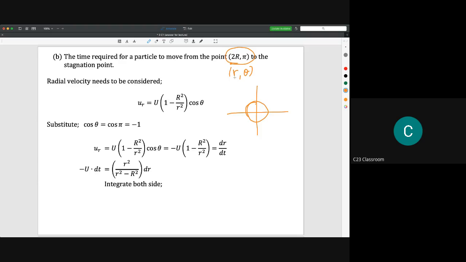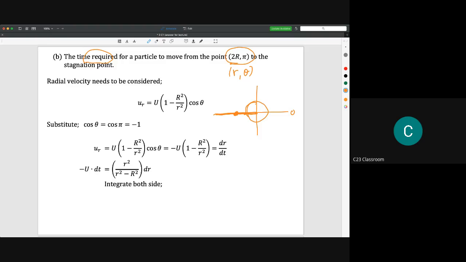So we start at 0 here, and pi means somewhere in this area, and 2r means the location is actually 2 times bigger than its radius. So we want to calculate the time required for a particle to move from (2r, pi) to the stagnation point.